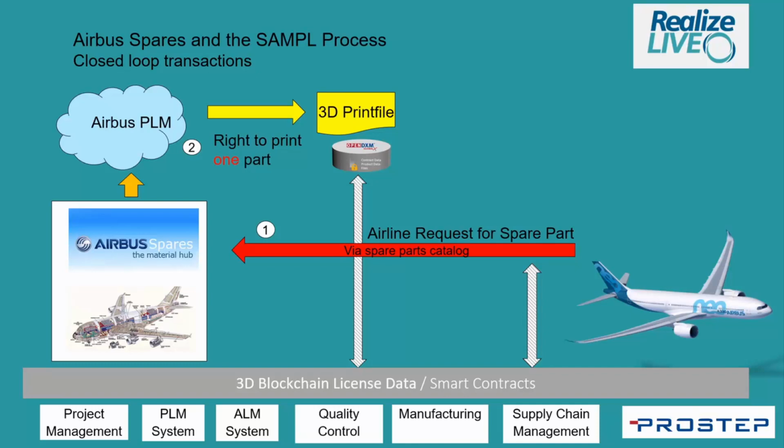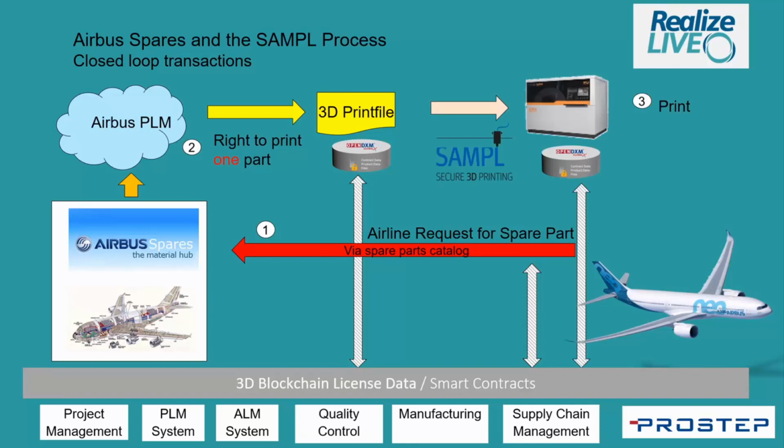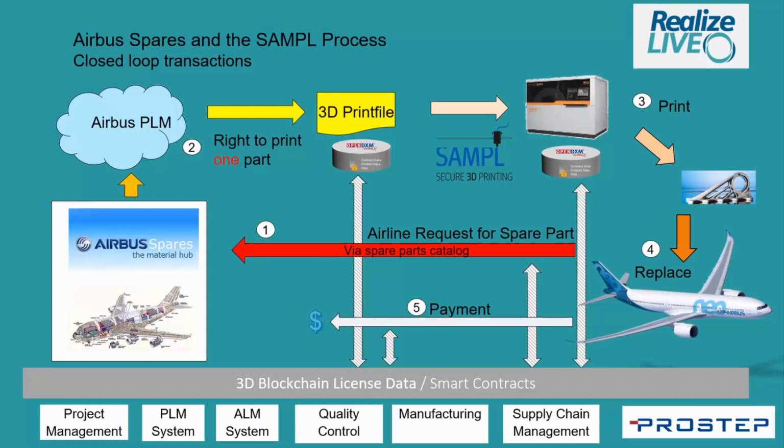We can secure that communication back to the printer. And in this case, it might be a third party who's printing this and who owns the physical printer. And we can confirm delivery of that part to be printed. The part is printed, the part is confirmed that it can be used and it passes quality and now can be replaced. But that's not the end of the story, because now you need payment. So now you can actually have payment within that process.